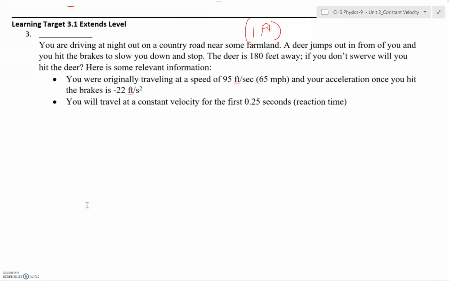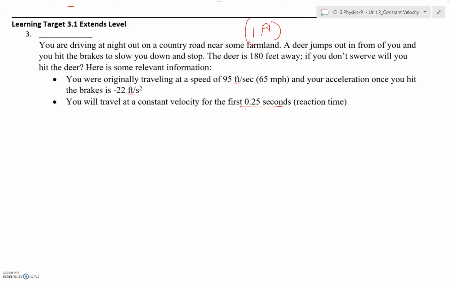Okay, I'm back. The one thing I will tell you before showing you all my work is how to approach this problem. There are 2 hints that I gave you and some useful information. First, you're going to go at a constant velocity for the first 0.25 seconds. So we're going to use our constant velocity equation, which is v equals d over t, to solve for distance.